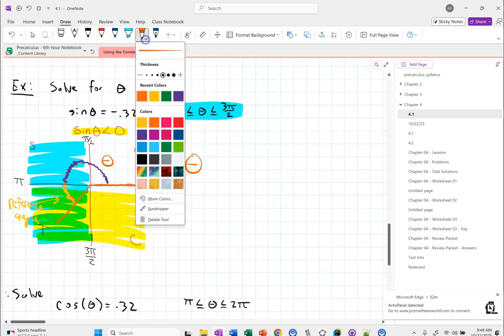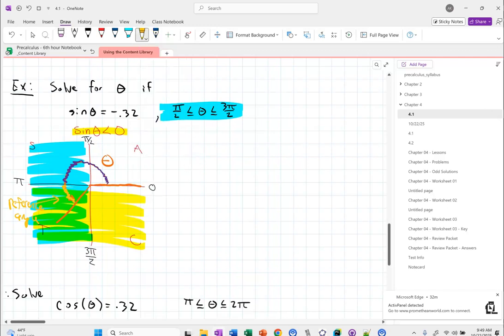So I'm going to name that reference angle. I'm going to call it alpha. I'm going to use that symbol to represent alpha, or my reference angle. So I know theta is the purple part plus the yellow part.